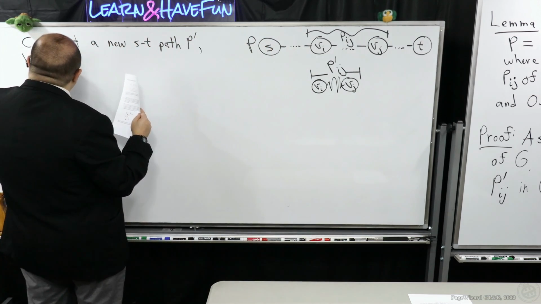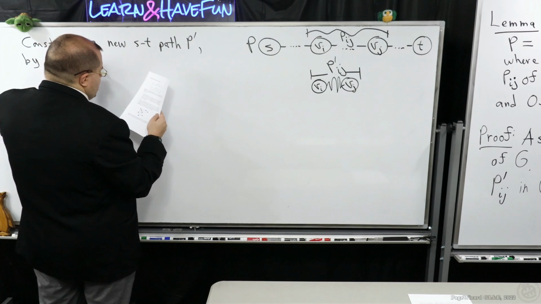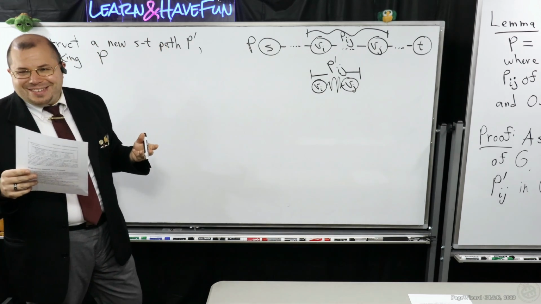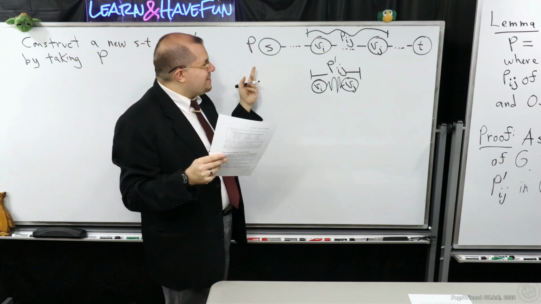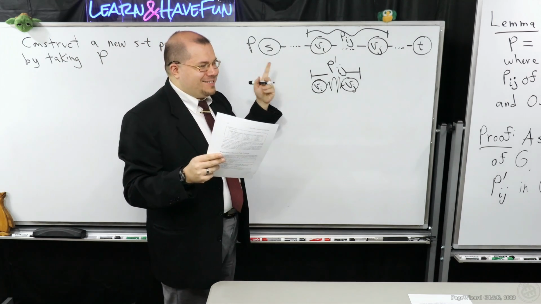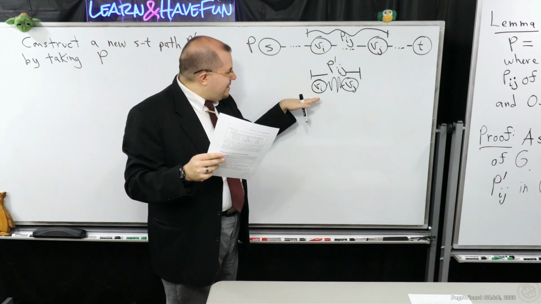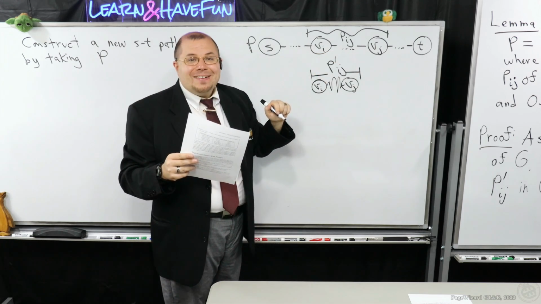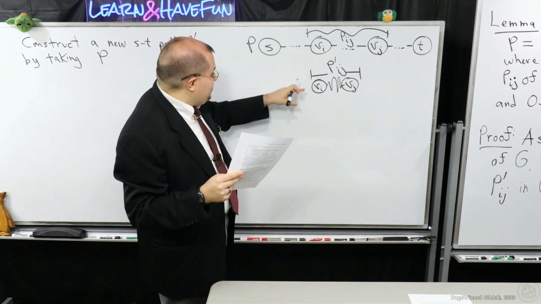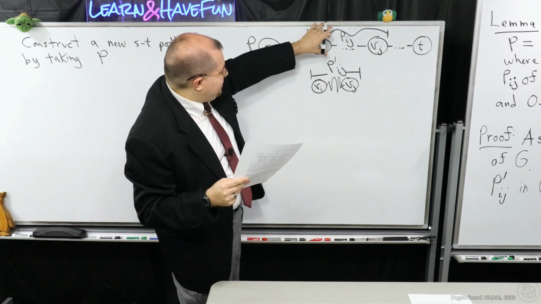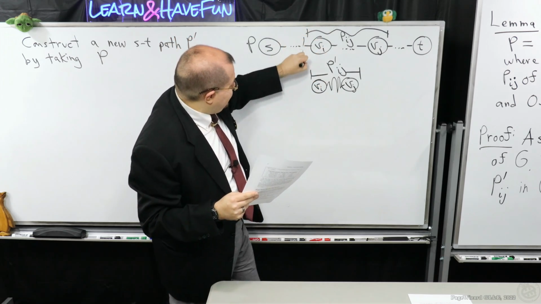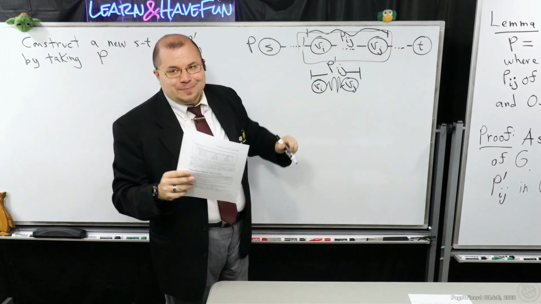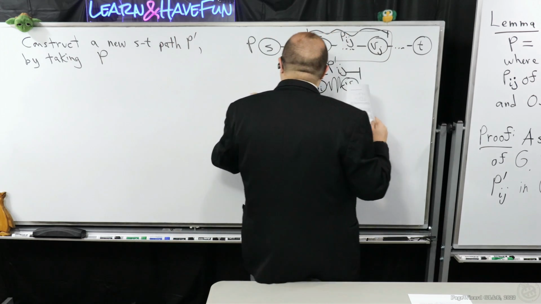By taking P and doing something to it. Do you see how I can make a shorter path from S to T, presuming that this is a shorter path than this one? Well, what can I do? I can just simply take this, put this here. And that's P prime.